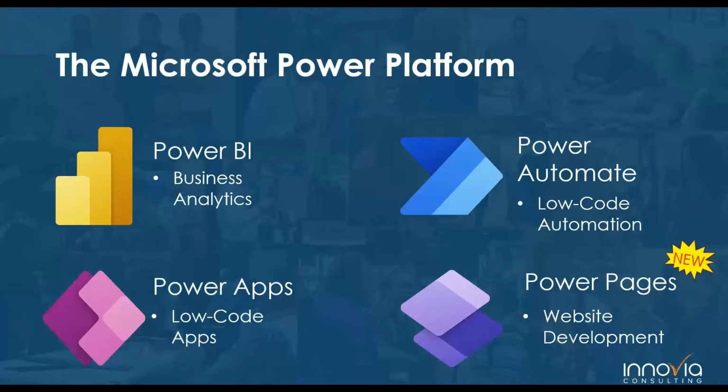Power BI stands for business intelligence, and it focuses on business analytics. With Power BI, you can visualize your data, build insights, and connect to multiple data sources. Power Apps is the next component, and Power Apps allows non-developers to build apps that can be used on the web or on a mobile device, and it can also connect to a wide range of data sources.